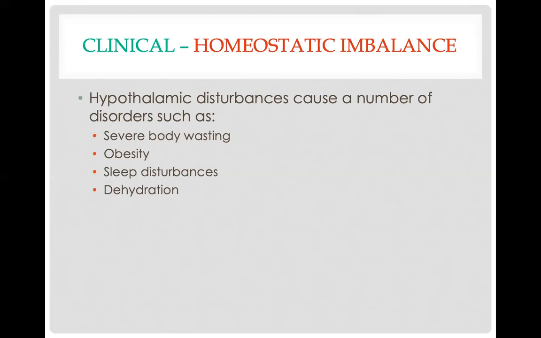Sleep disturbances, and again, that's related to the epithalamus and release of the hormone melatonin. Dehydration has to do with your hormone vasopressin, also known as ADH. So if you do not have enough ADH in your system, your body loses too much water and consequently becomes dehydrated.